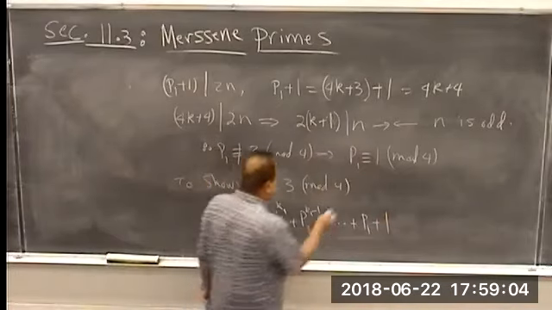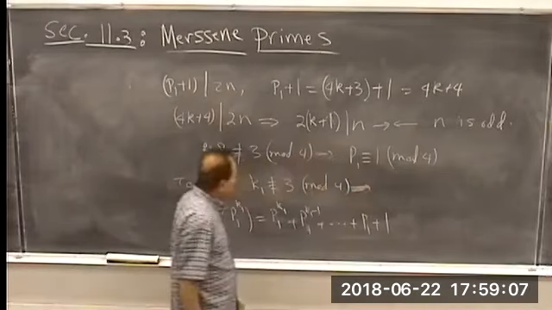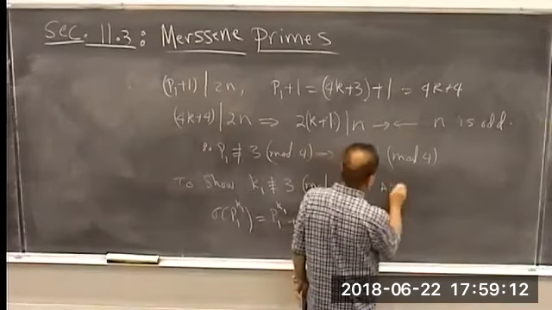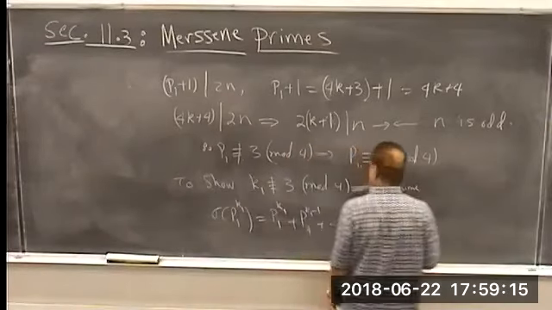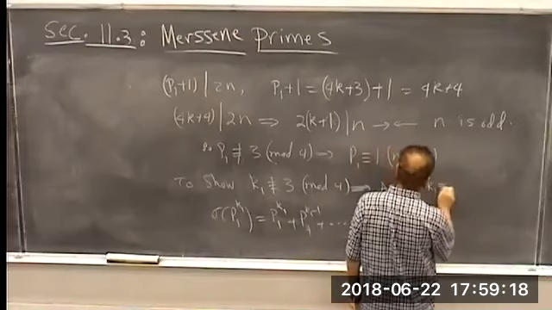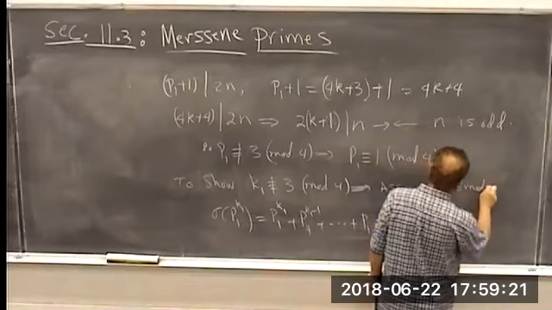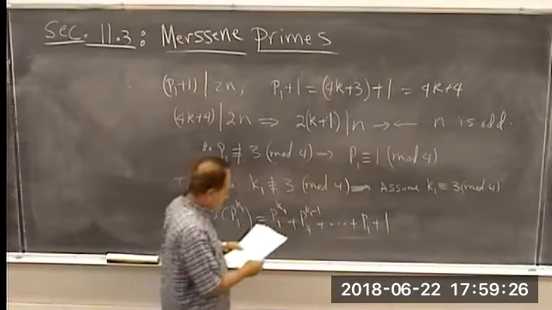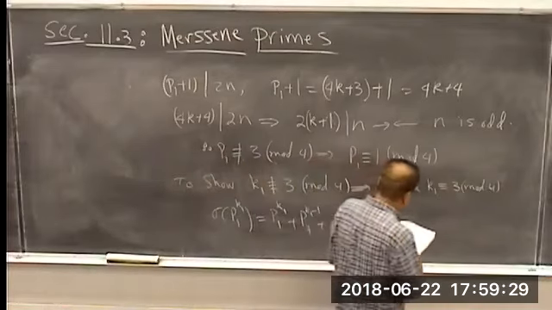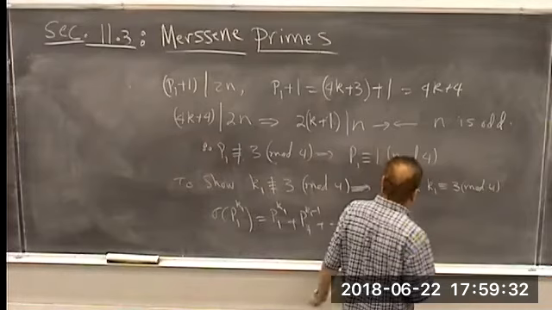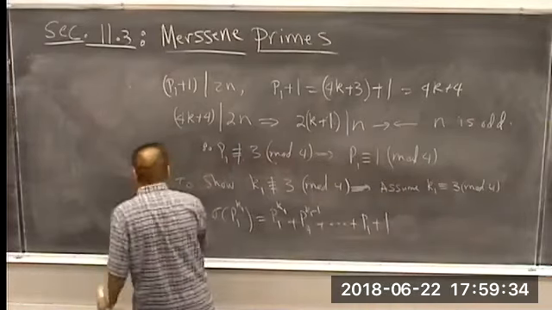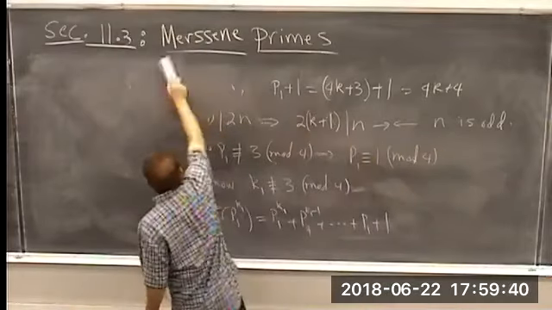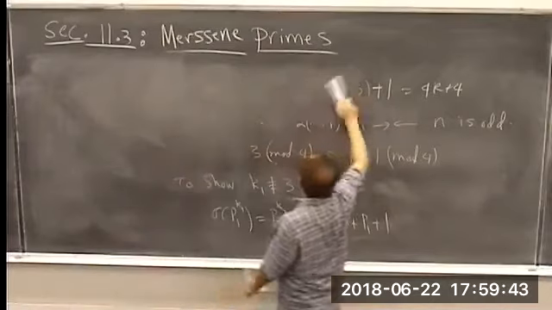Now, we are going to assume that K1 is congruent to 3 mod 4. Let's look at the form of P sub 1.